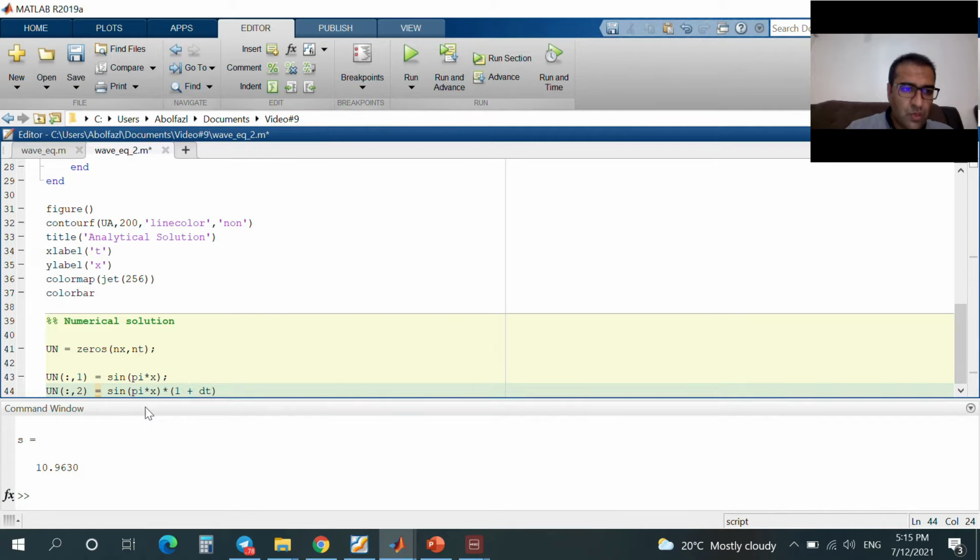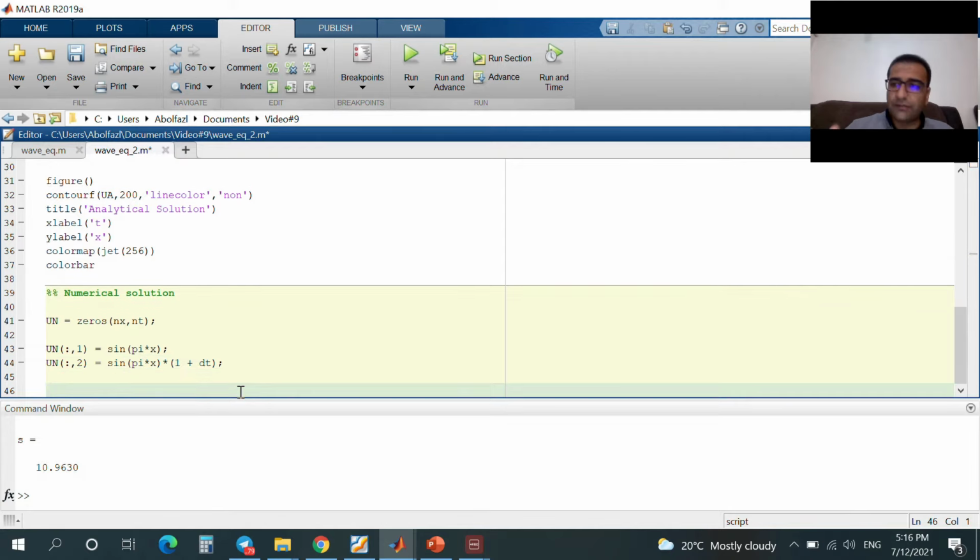And this is true only if our dt tends to 0, because we know that in the definition of a finite difference we should have a small interval in both the time direction and the space direction. The interval should be small.